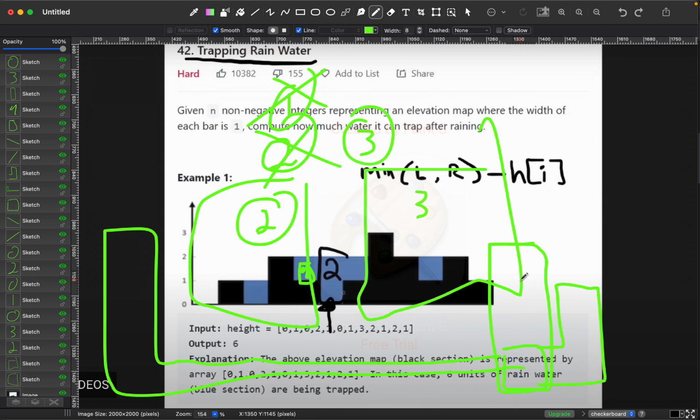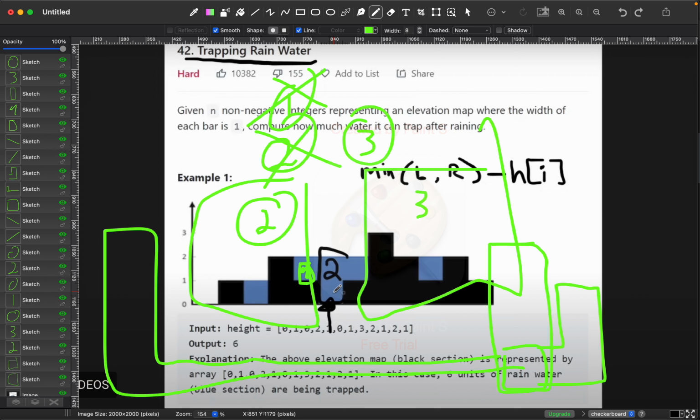If the thing is 3, it doesn't matter. To put it into mathematical terms, it's your stage 2 minus your stage 3. Based on where it is, for this case it was 1, so we have 2 minus 1, which is 1.